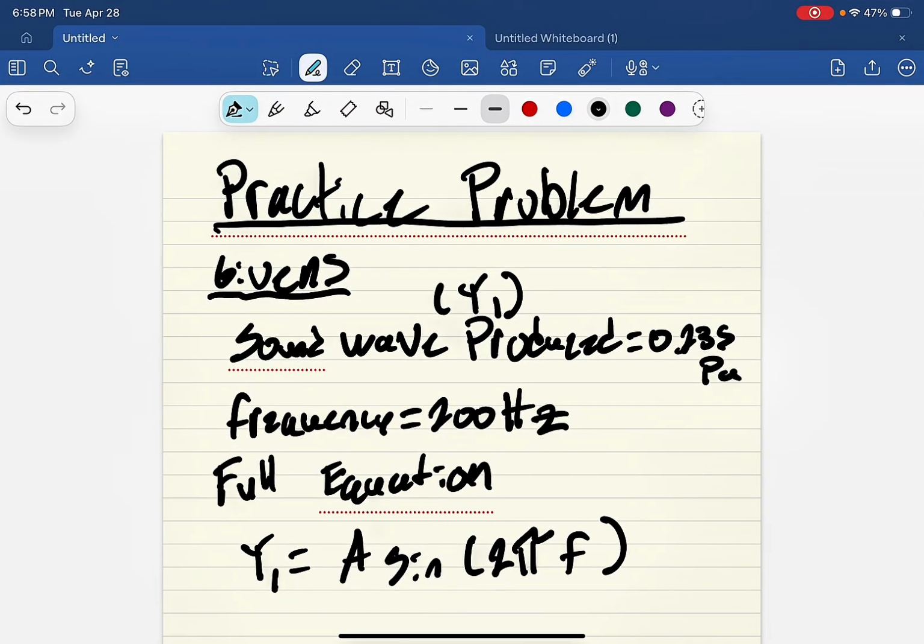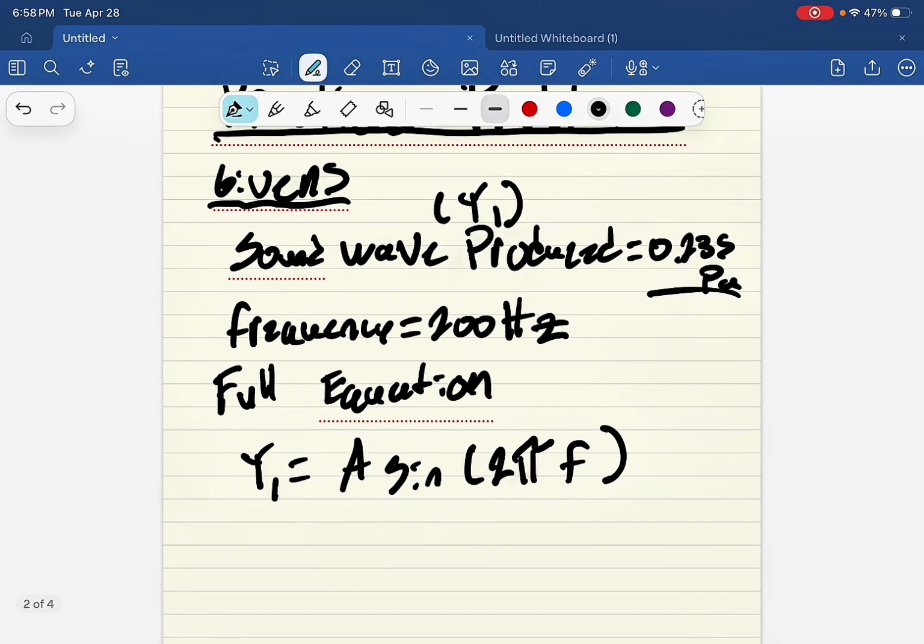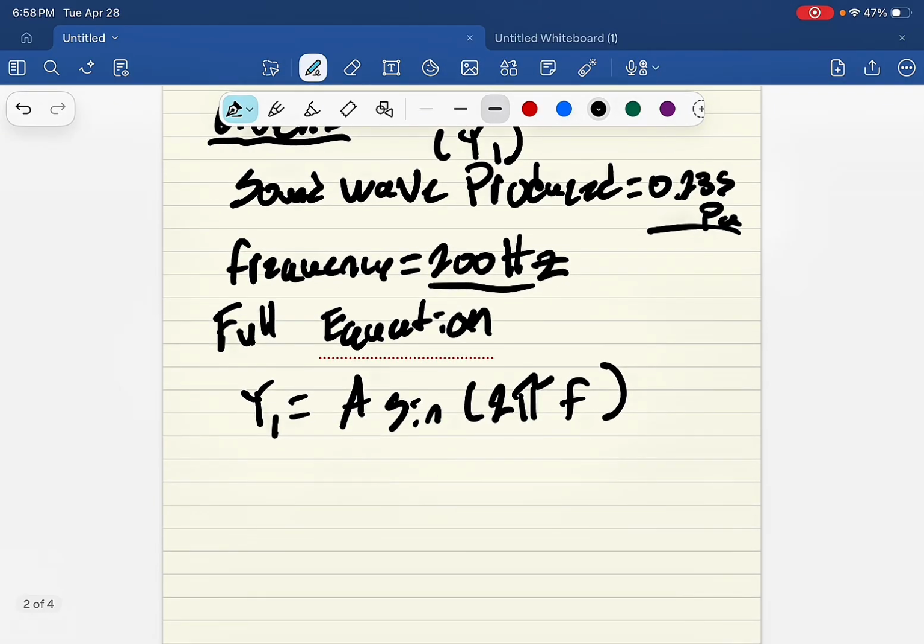First, we have to look at our givens. Our sound wave produced is around 0.235 pascals, while we have a frequency of around 200 hertz. So when we go back to our equations, we can see that y1, which represents our incoming sound wave, is equal to A, which is our amplitude, times sine of 2 pi f t. So we can rewrite this equation.